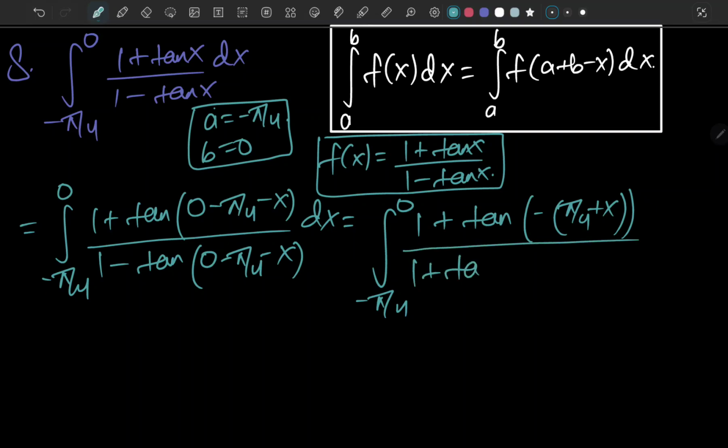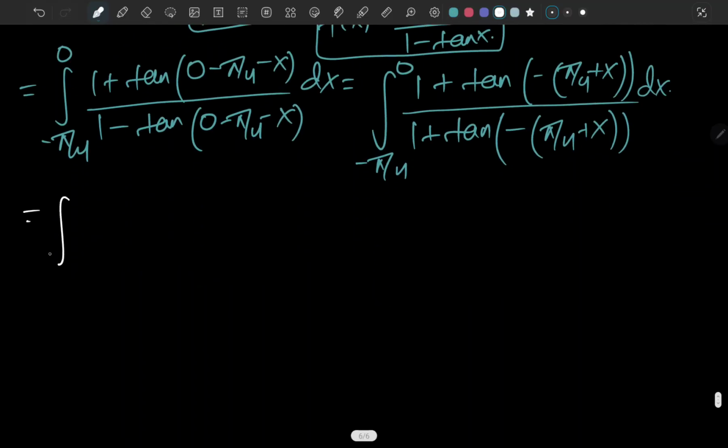1 plus tangent of negative of pi over 4 plus x. So far so good guys. So integral from negative pi over 4 to 0, and well, you might know that tangent of minus x is minus of tangent x.